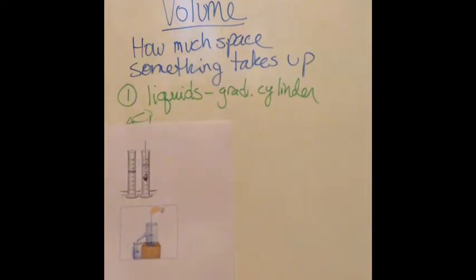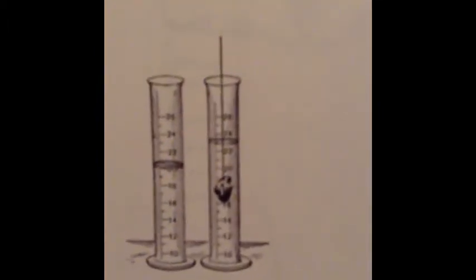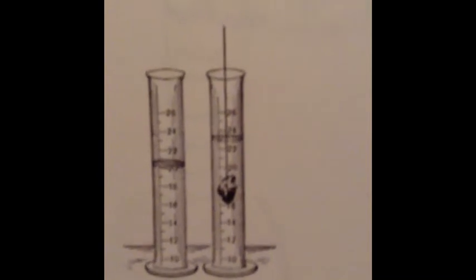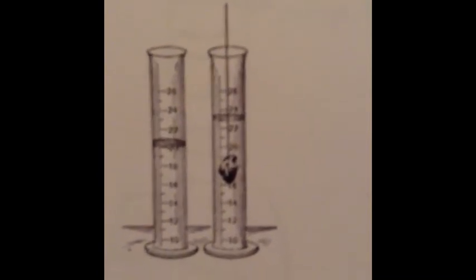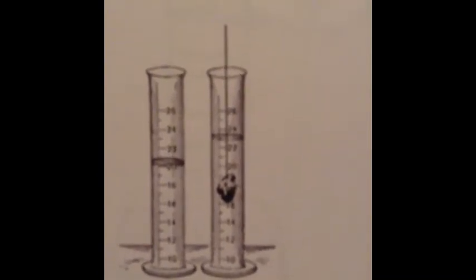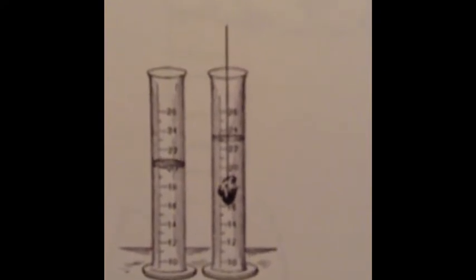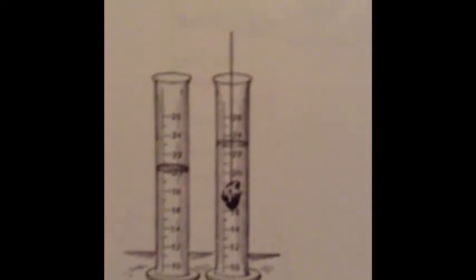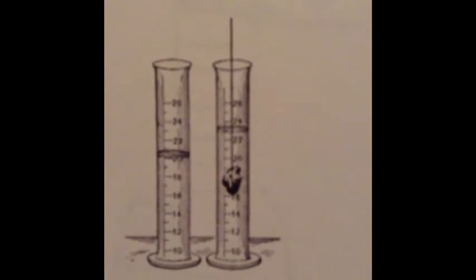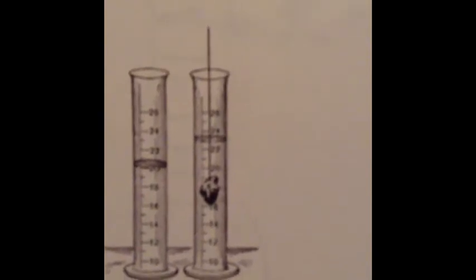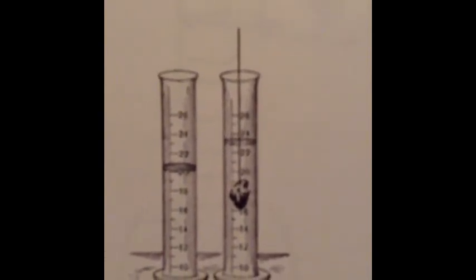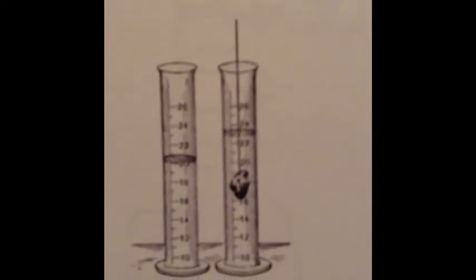So, take a look at that picture there. Somebody put some water in the graduated cylinder on the left. It went up to about 20 milliliters. And then they put a rock or whatever into the water. And then it went up to about 23 milliliters, it looks like.